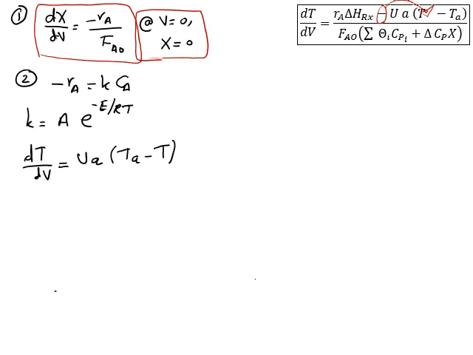Let's look at the second term. Minus Ra times delta H reaction, of course at temperature T. Again, did I change anything? Let's see.